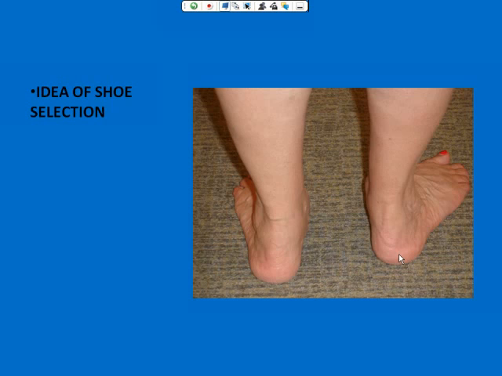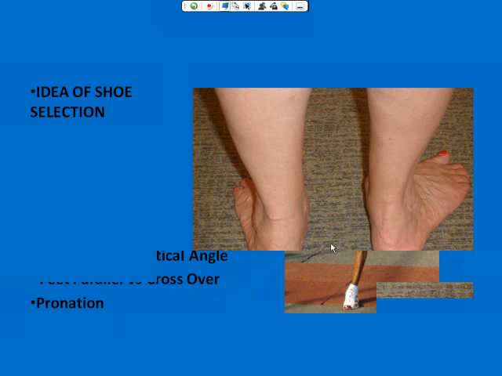So I want a firm base, straight last shoe. It has to be straight last in order to help guide the foot, and it's got to be rigid. You cannot put them in a very soft straight last such as the Brooks Dyad. You're going to have to go with something more extreme. The Apex works out very well with the firm midsole and a true straight last in this manner.